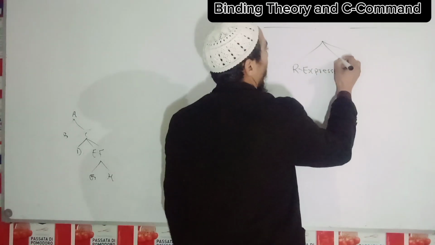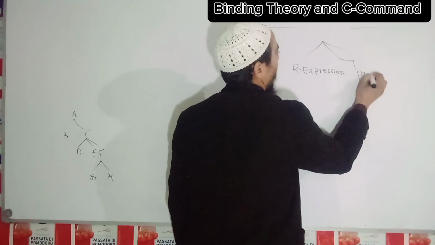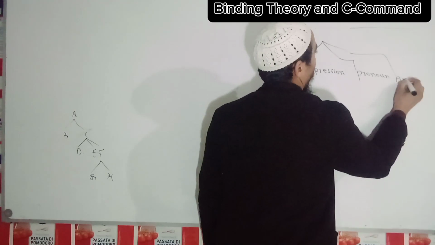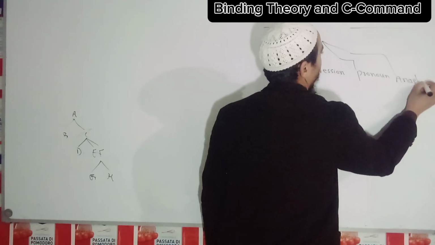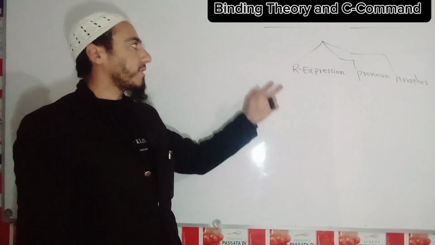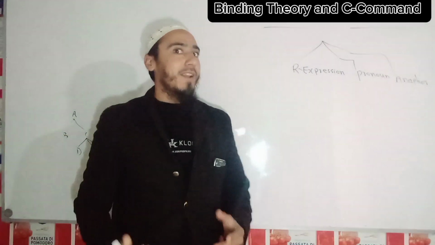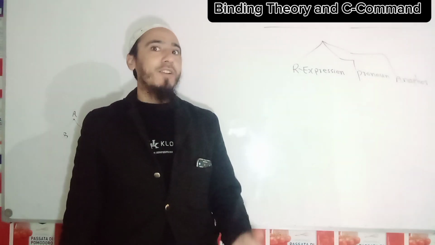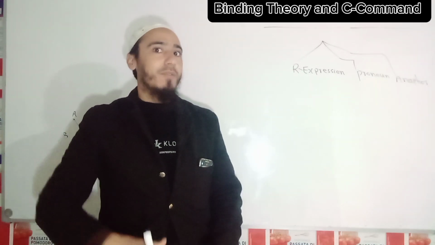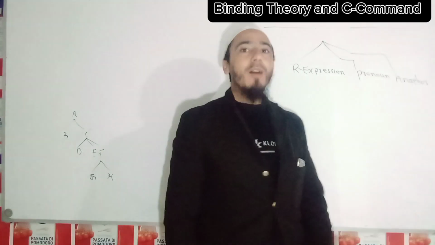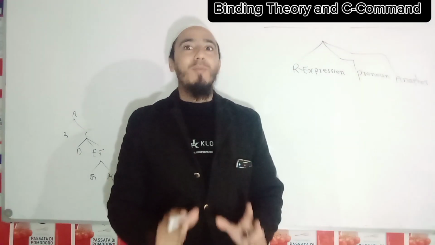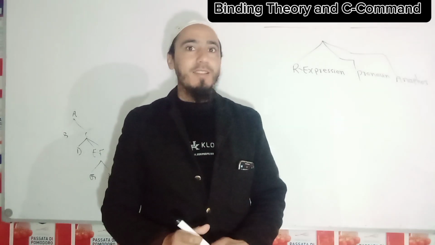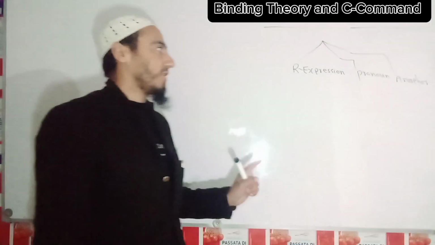The next type I discussed was the pronoun, and the third type was the anaphor. An R-expression is also known as a referential expression. A pronoun refers to someone or something in a sentence or which is already mentioned, and an anaphor only refers to an R-expression within a sentence. This is the difference which I discussed in detail.